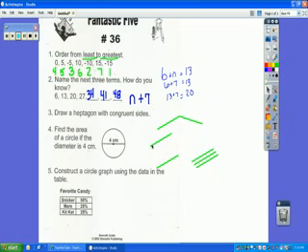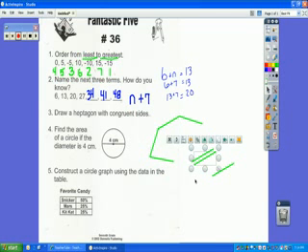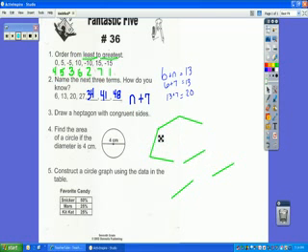Alright, let's see if I can get this to work here. So that's 3. That's 4. All right. 5.